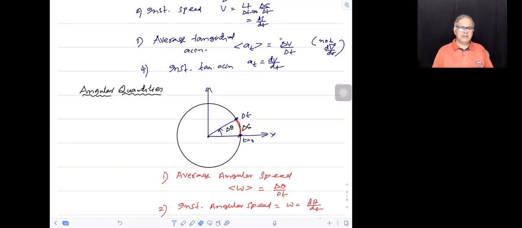Why are we discussing all these quantities? The mathematical nature of physics is that physics likes to be expressed in mathematical terms.